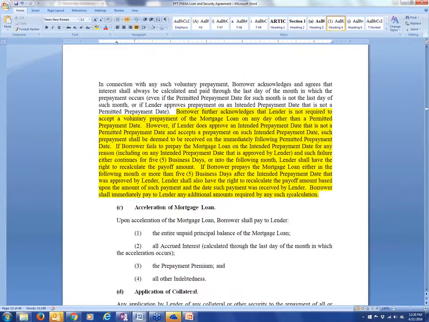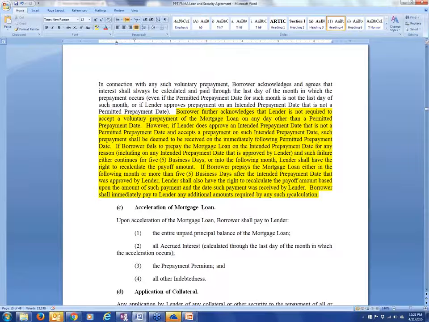So, borrower further acknowledges that lender is not required to accept a voluntary prepayment of the mortgage loan on any day other than... listen to this one. This is very interesting. And this comes in when you're buying the property or you're closing on the property, because what happens here is the owner has to contact the lender and get a payoff amount, and then they have to close within, I think it's 5 days.